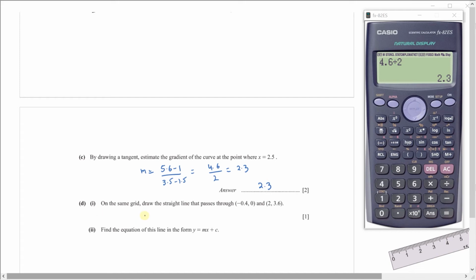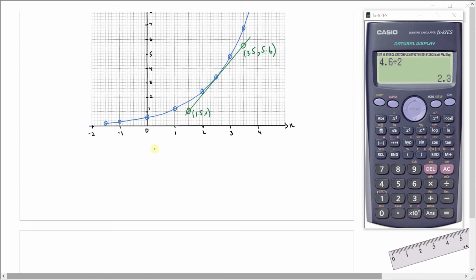Part D1 is on the same grid. Draw the straight line that passes through -0.4 and 0, and 2 and 3.6. So -0.4 and 0 will be this point.